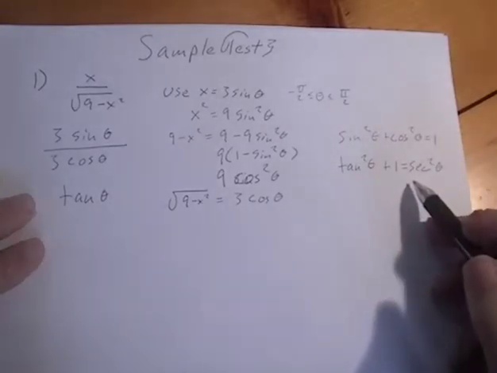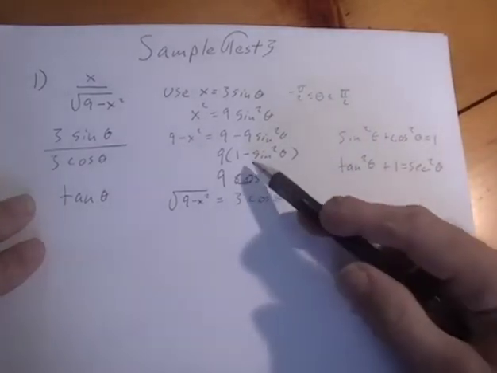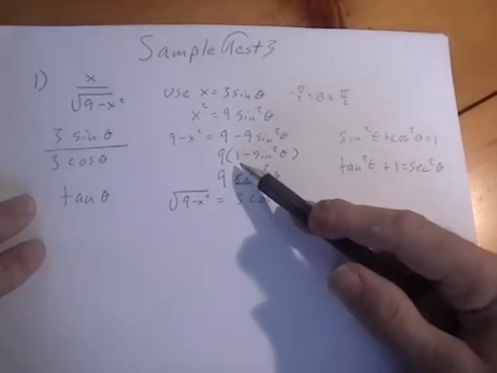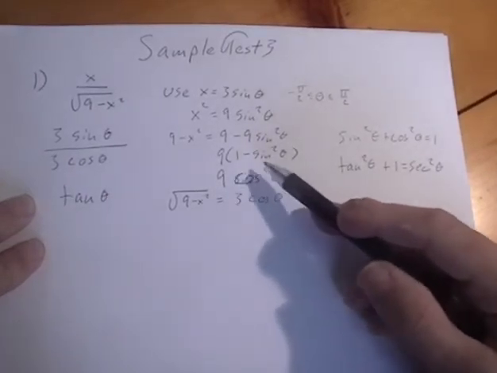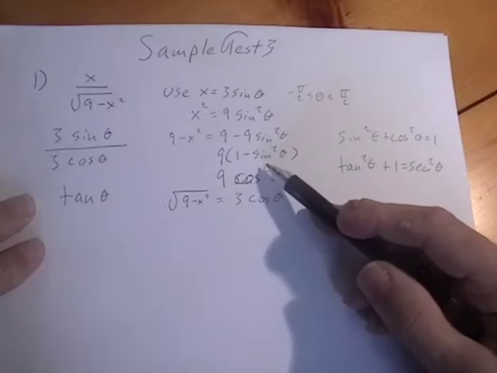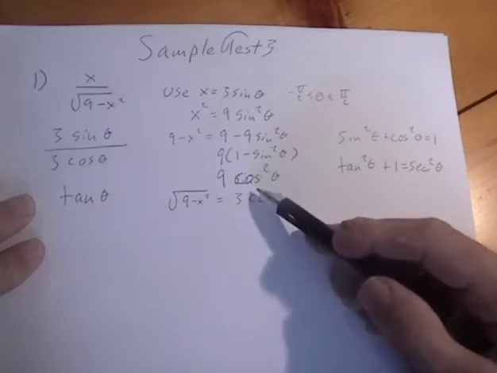But on this problem, the key is that at some point I am going to have something that involves two terms condense by a Pythagorean identity to something that contains a single term.